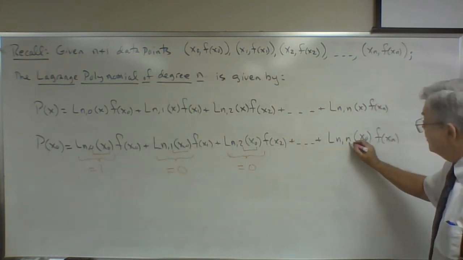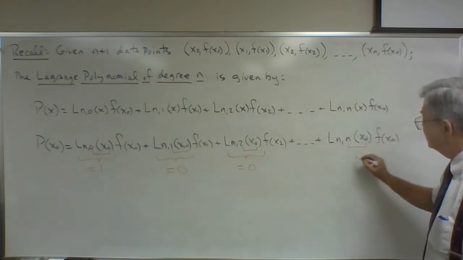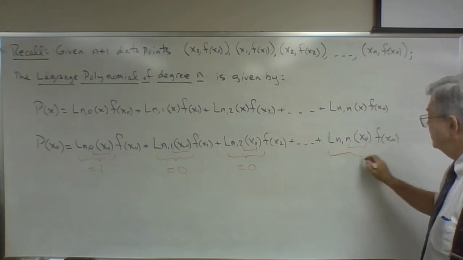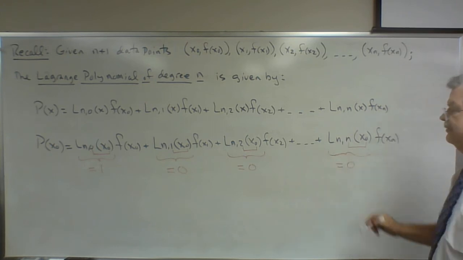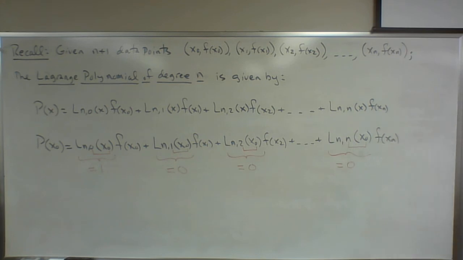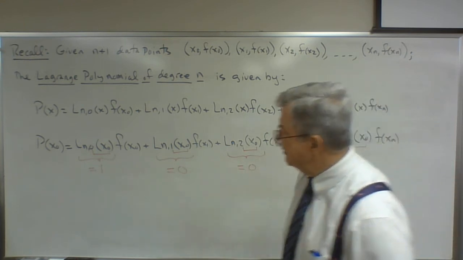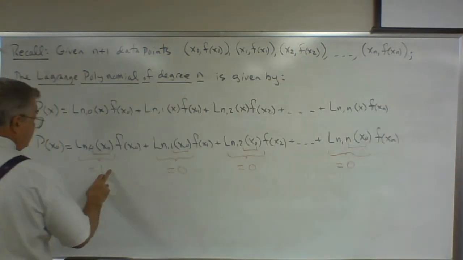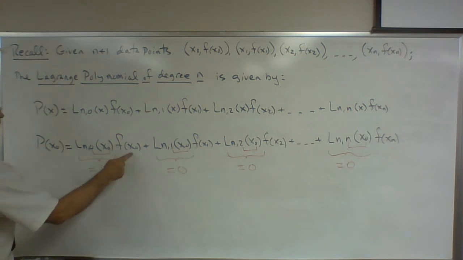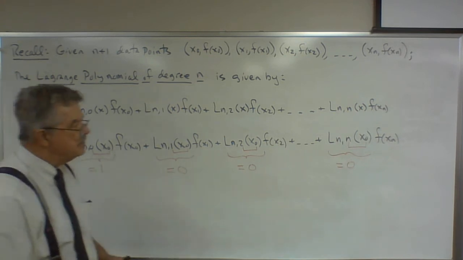These two subscripts don't match. So this is equal to 0. Son of a gun. This term is 0. This term is 0. This term is 0. This term is 1 times f of x0.